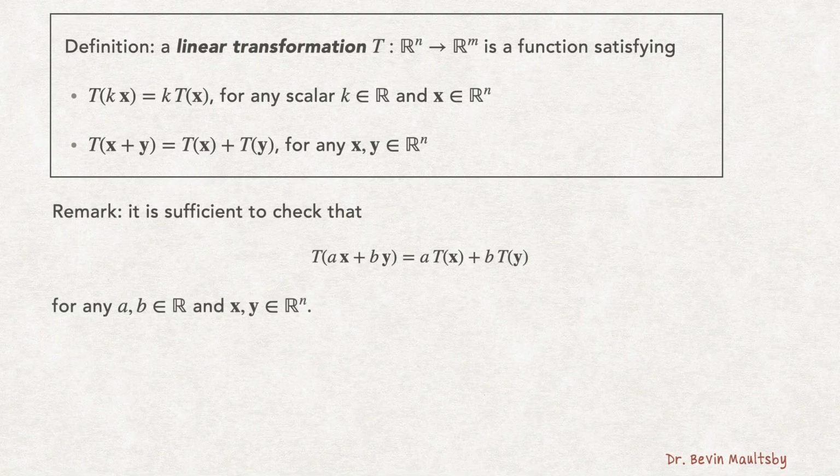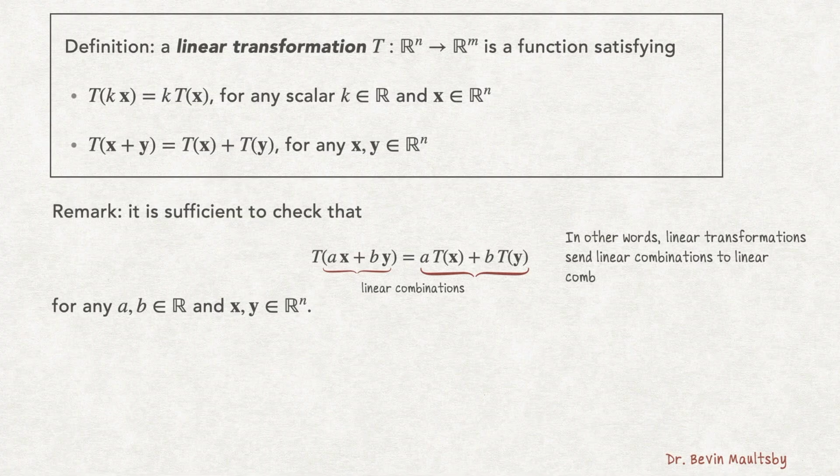The two properties that we require for a linear transformation, the idea that scalars pull out and the transformation of a sum is the sum of the transformations, hold if and only if the function T sends the linear combination ax plus by to the linear combination a times T of x plus b times T of y. Here a and b are scalars and x and y are vectors. I like to think of it as linear transformations preserve linear combinations. They send a linear combination to an analogous linear combination.